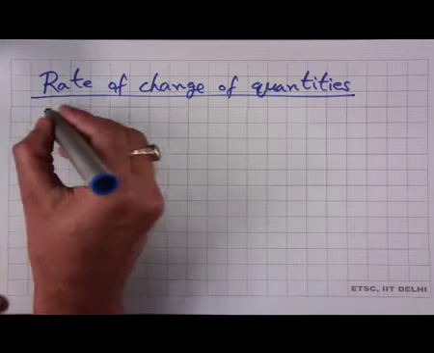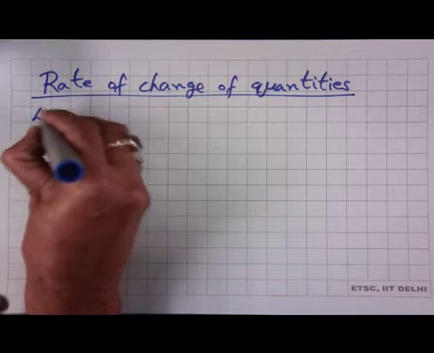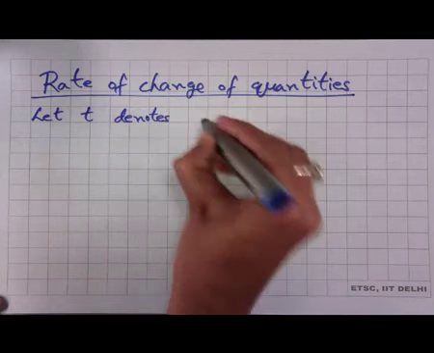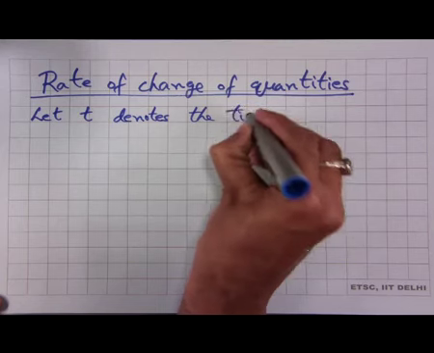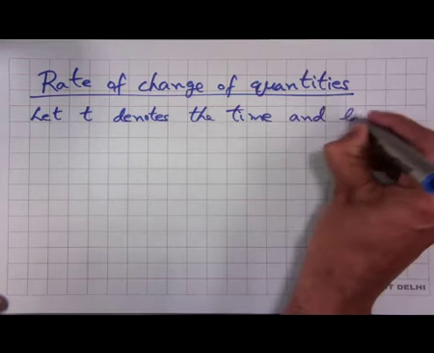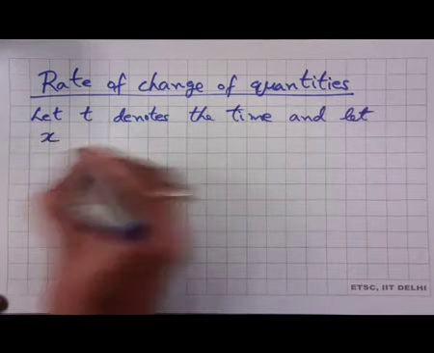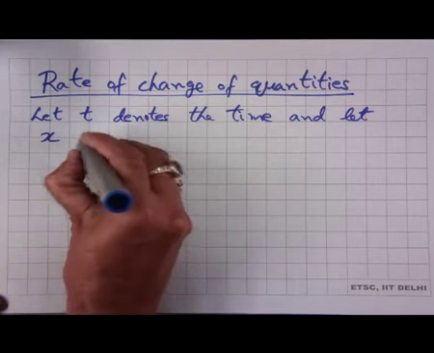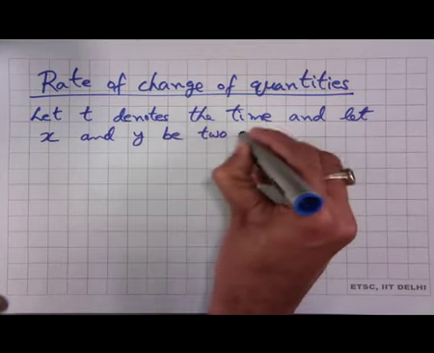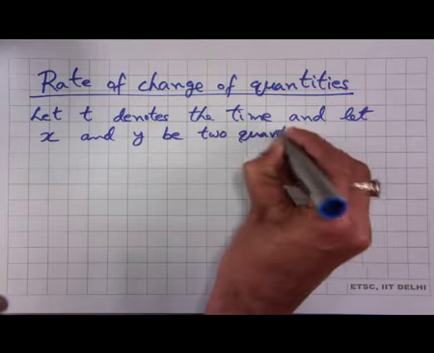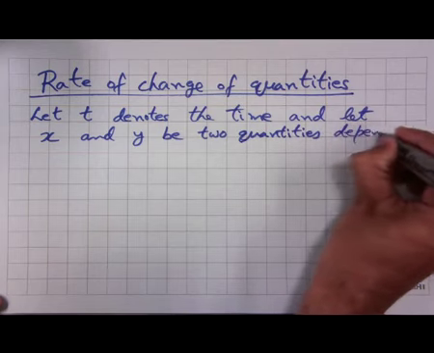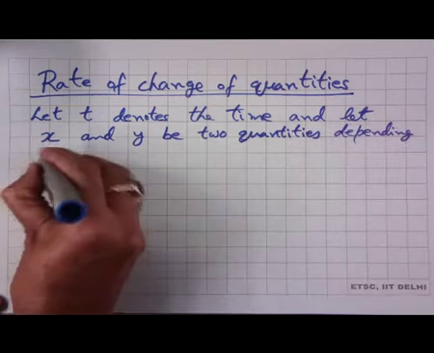So, here what we have is, let t denote the time, and let x and y be two quantities depending on the time t.